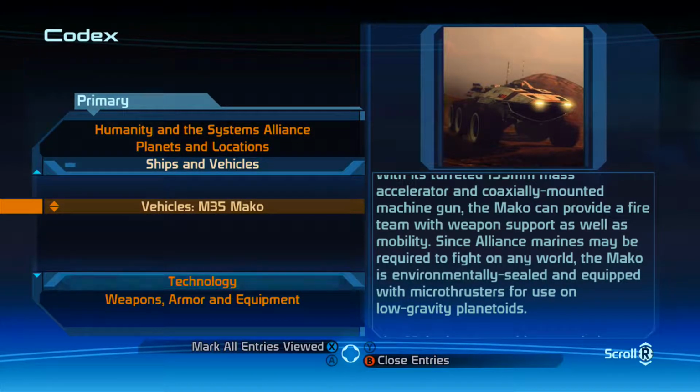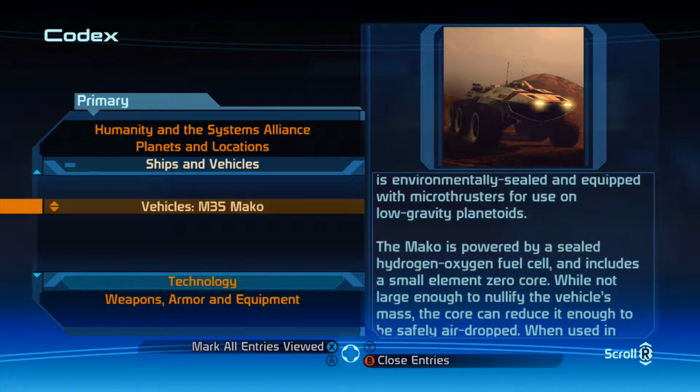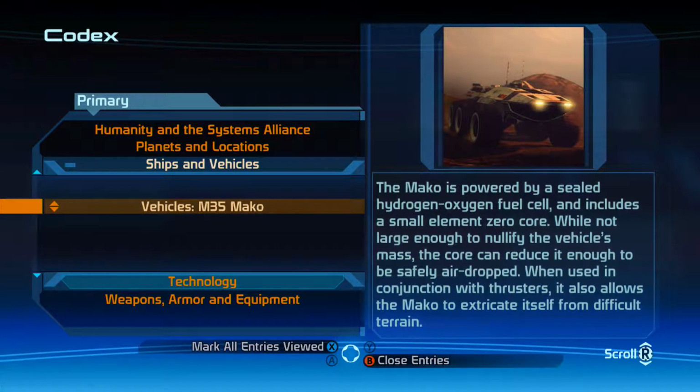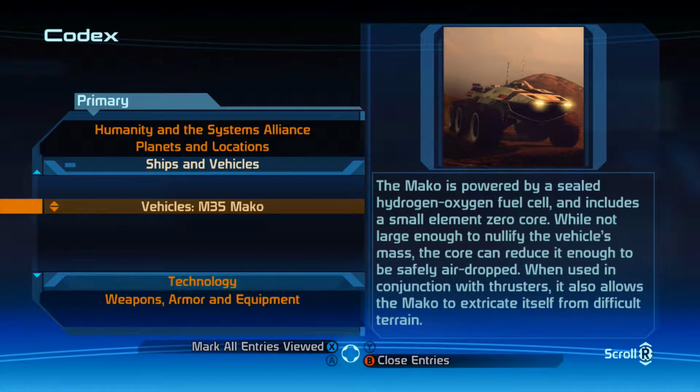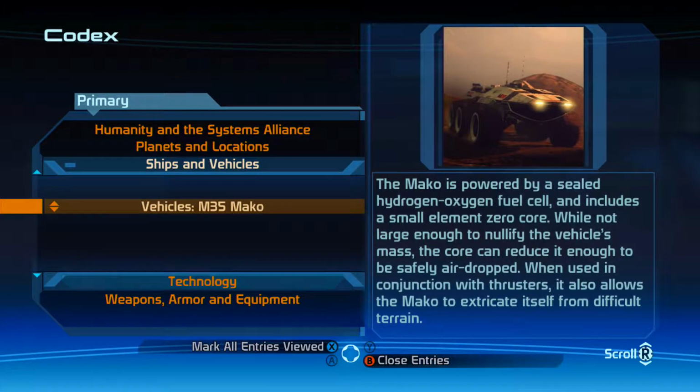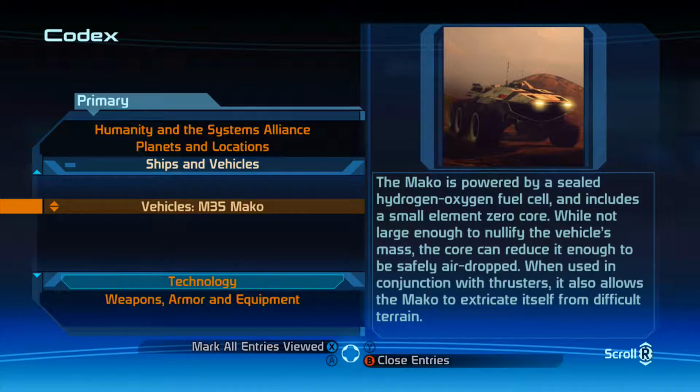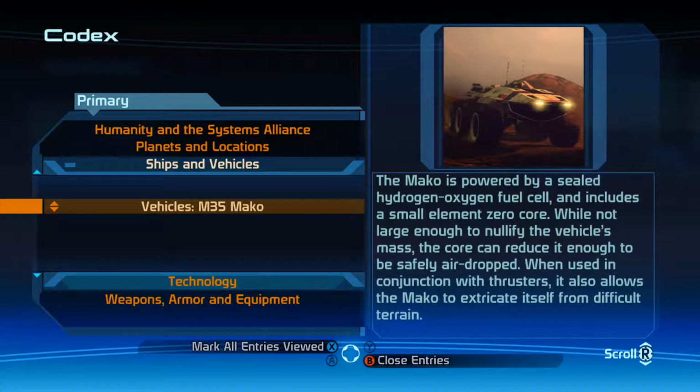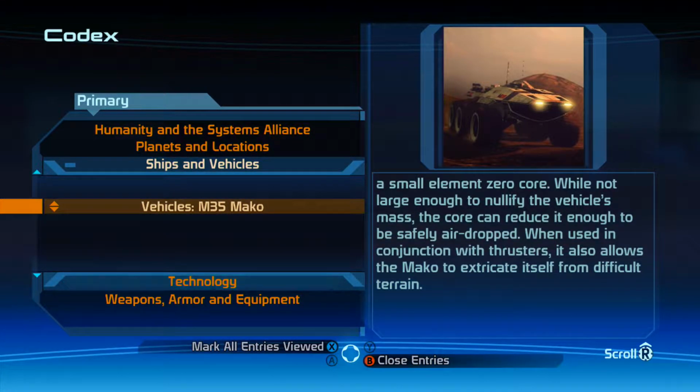Since Alliance Marines may be required to fight on any world, the Mako is environmentally sealed and equipped with microthrusters for use on low-gravity planetoids. The Mako is powered by a sealed hydrogen-oxygen fuel cell and includes a small Element Zero core. While not large enough to nullify the vehicle's mass, the core can reduce it enough to be safely airdropped. When used in conjunction with thrusters, it also allows the Mako to extricate itself from difficult terrain.